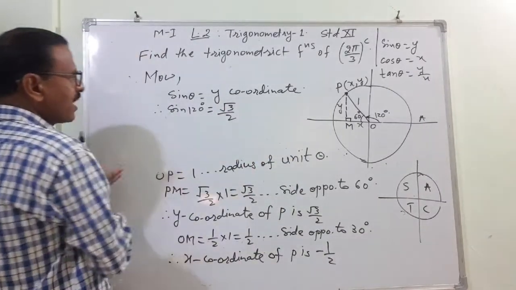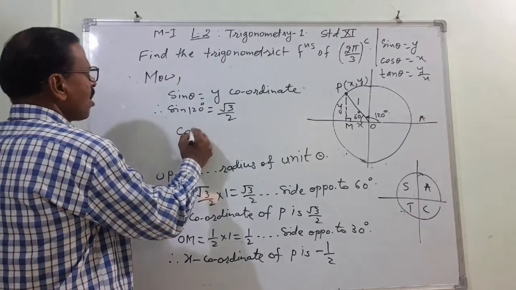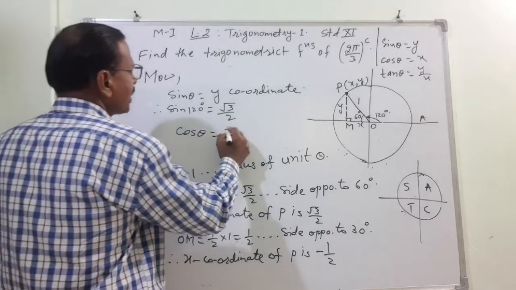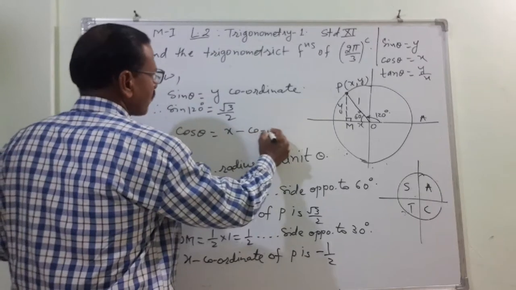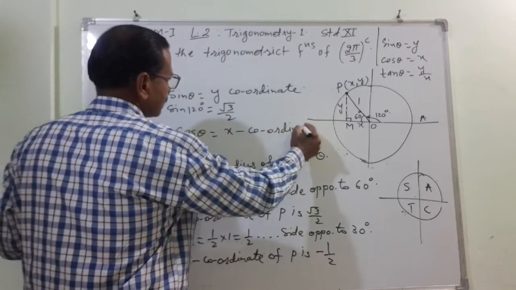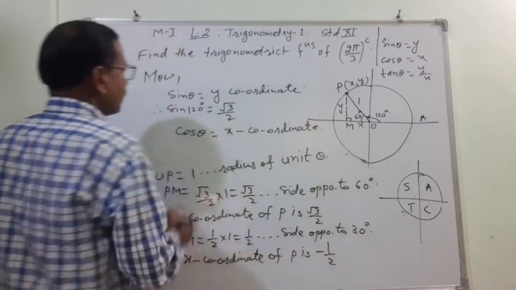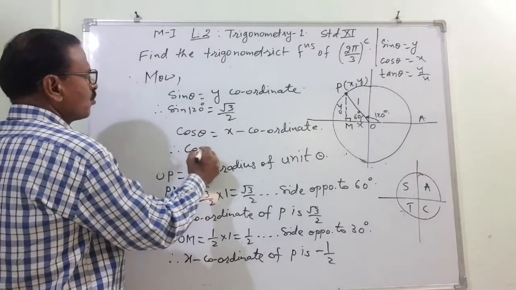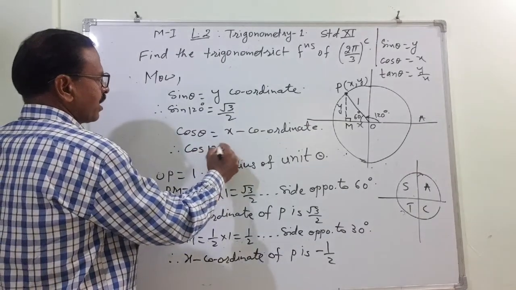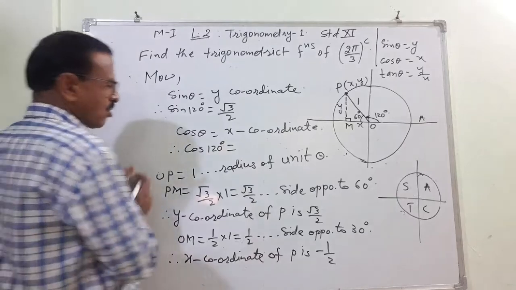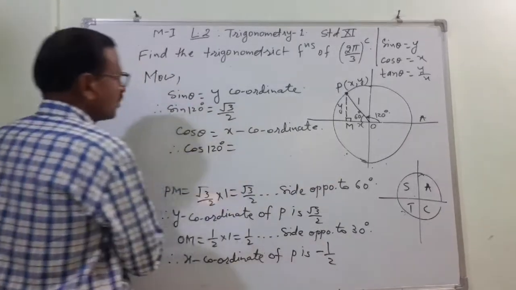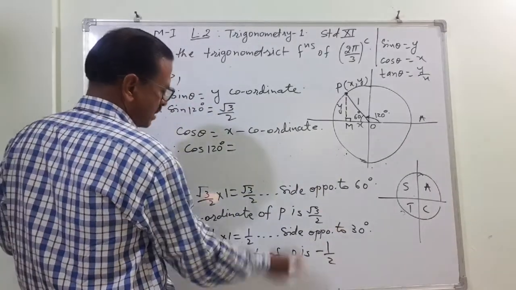Now I want to find cos theta. Cos theta is equal to what? X coordinate. Therefore, cos of 120 degree is equal to how much? This is minus half.